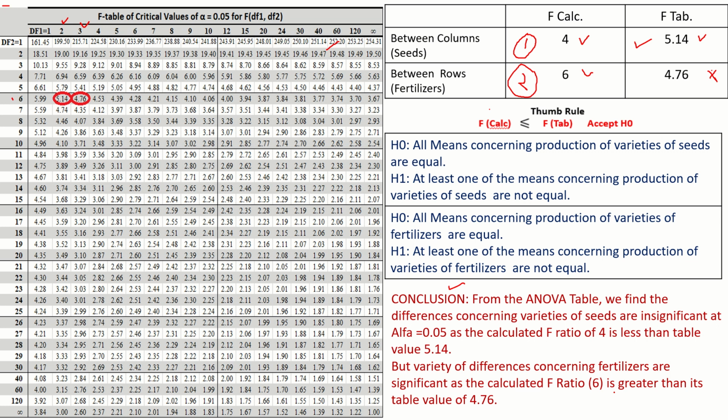In the earlier case, one way ANOVA, we were just calculating the mean value row wise and trying to find out whether there is a significant difference in the mean values of the different rows. But in two way ANOVA, we check both rows and columns. So that's for the lessons.